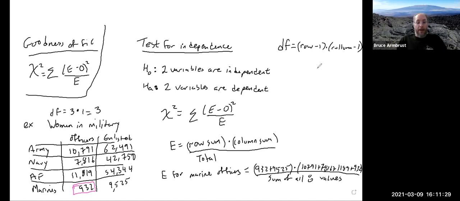Really, if you think about it, remember what we did before when it was just a column of numbers. We took the number of entries in there minus 1. So that's already this rows minus 1, columns minus 1 idea. So if we have to apply that to both rows and columns, it kind of makes sense.